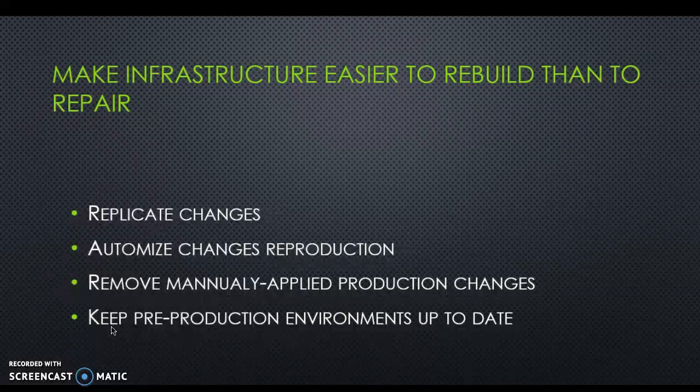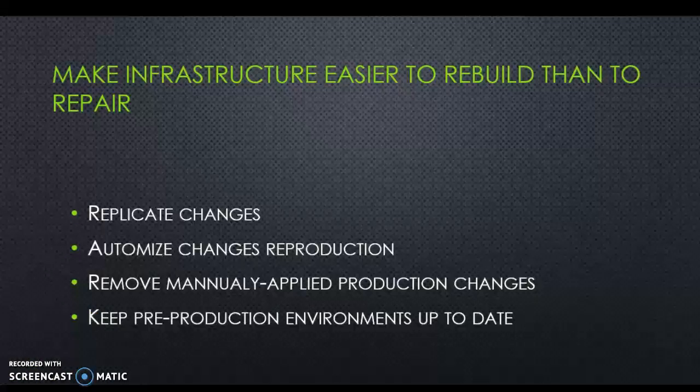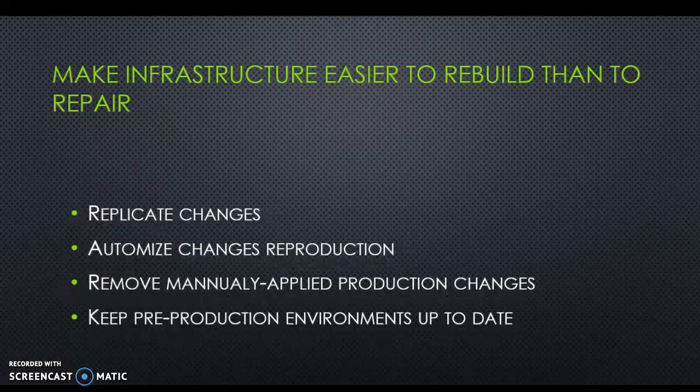Remove manually applied production changes. It's basically the same as the previous one, and then keep production's environment up to date. As I said, keep running as changes are made, as they are tested and they're working. It's time to push them to the repository.